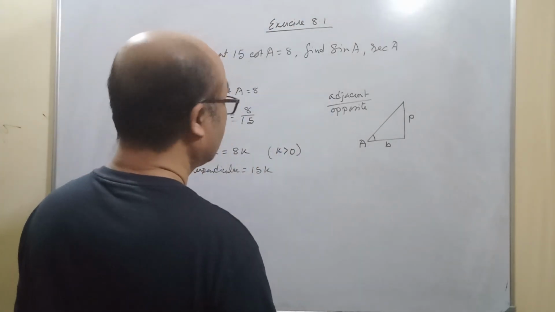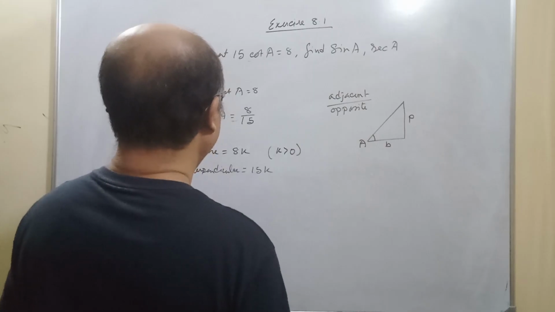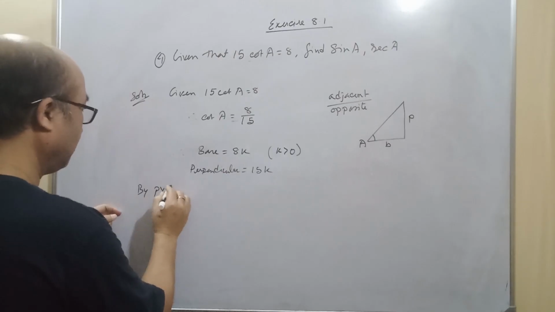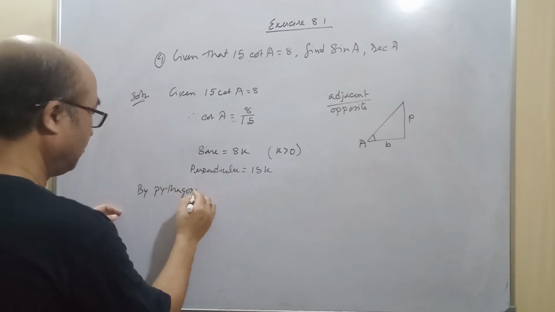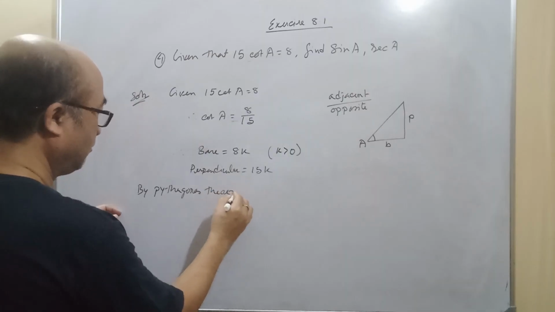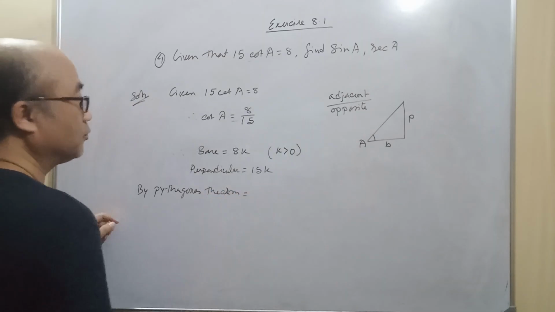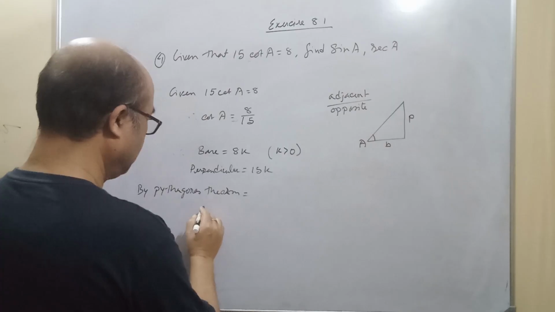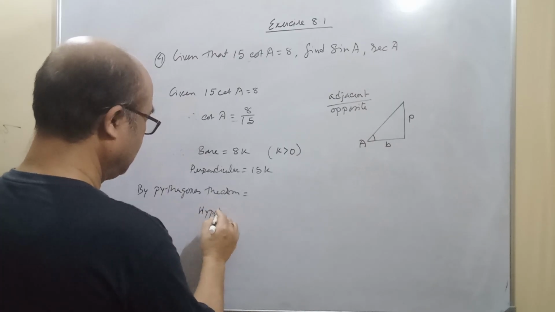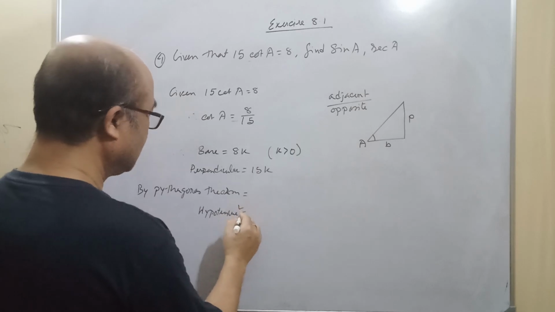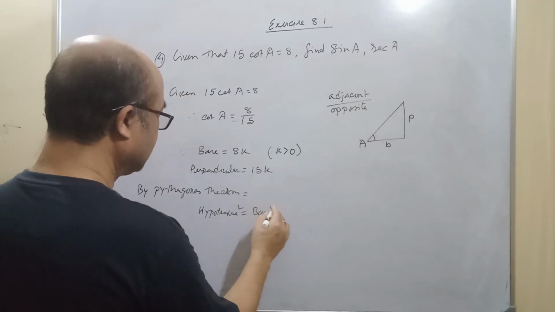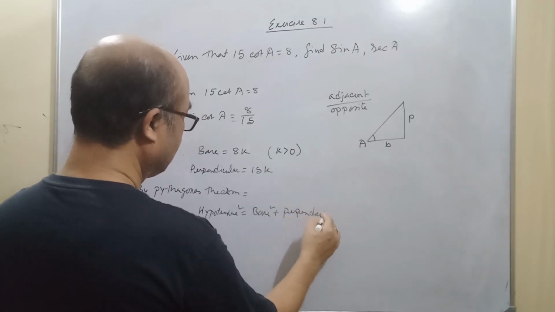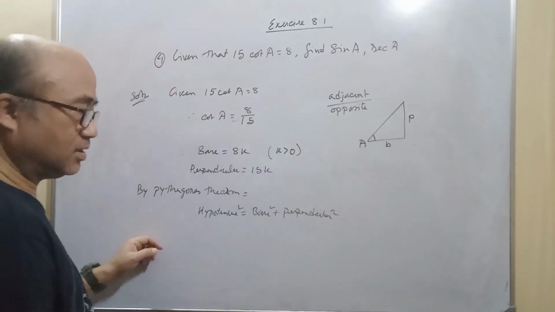Now let us apply Pythagoras theorem. What do we have? Hypotenuse square is base square plus perpendicular square, right?